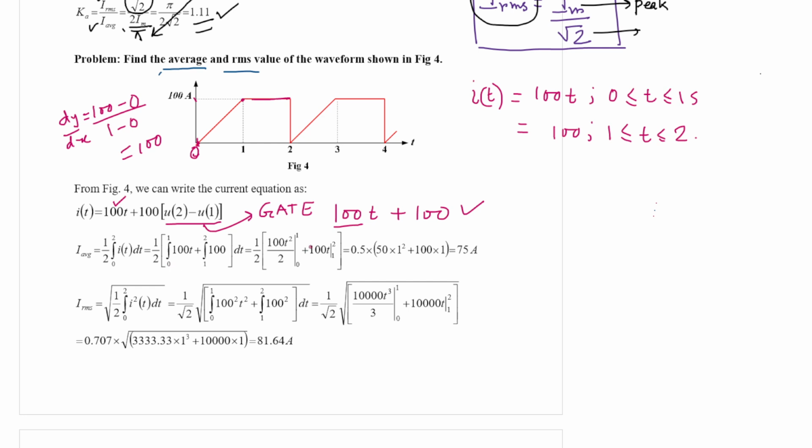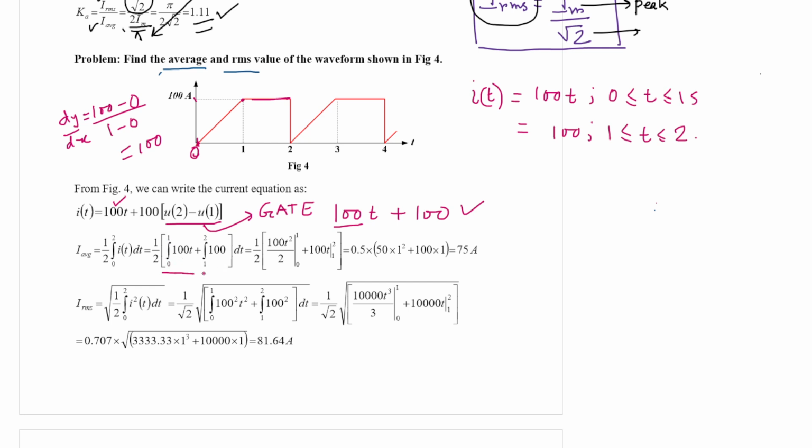So what is the average value? Average value is nothing but the integral of 100t plus 100 dt. You need to write it separately. When you are integrating 100t, your integration limit is from 0 to 1.